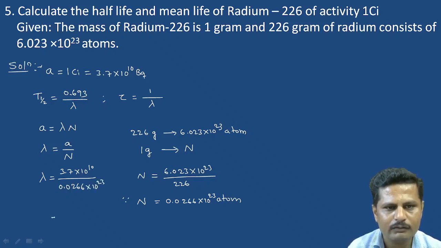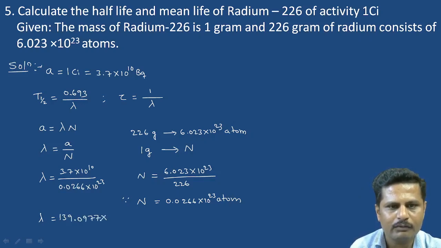So lambda is equal to 3.7 divided by 0.0266, which is 139.0977 into 10 to the power of 10 divided by 10 to the power of 23, that is 10 to the power of minus 13 per second. This is the value of lambda.